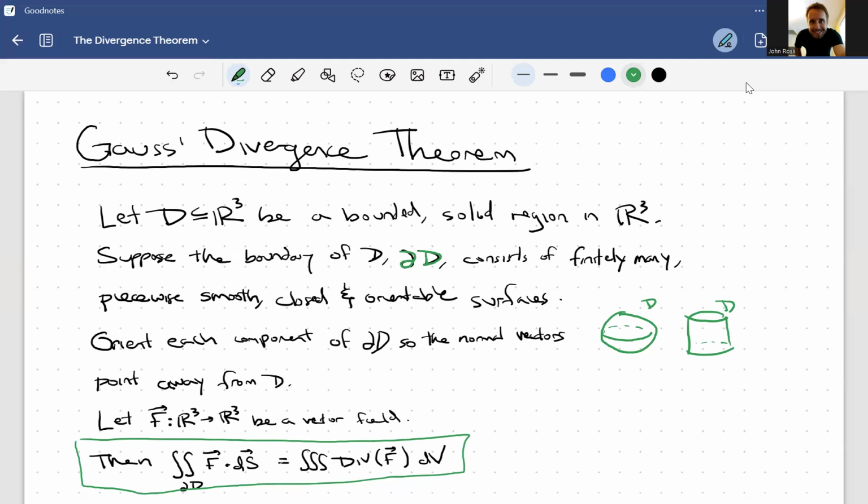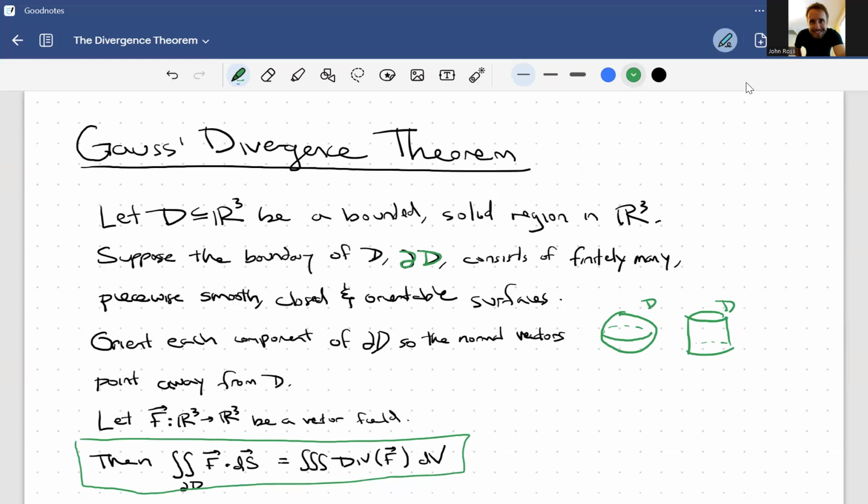Now, let's talk about the boundary of D. The boundary of D should consist of finitely many piecewise smooth closed and oriented surfaces. So this is a 3D region. When I'm talking about its boundary, I'm talking about the two-dimensional surface that is like the skin of the 3D region, or the outer crust of the 3D region.